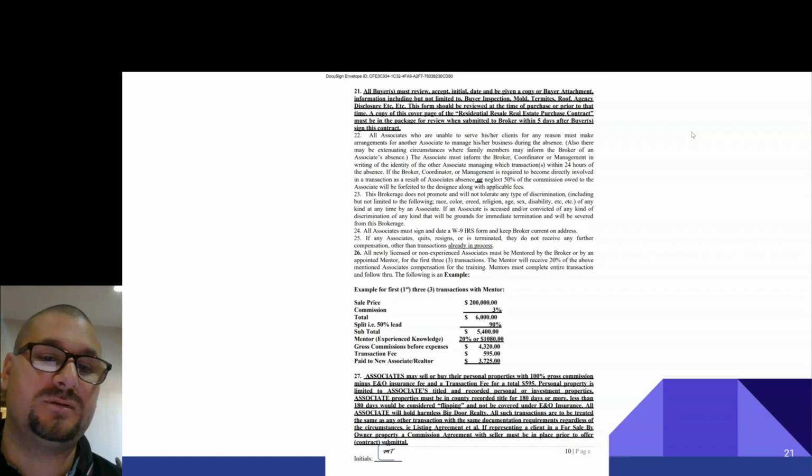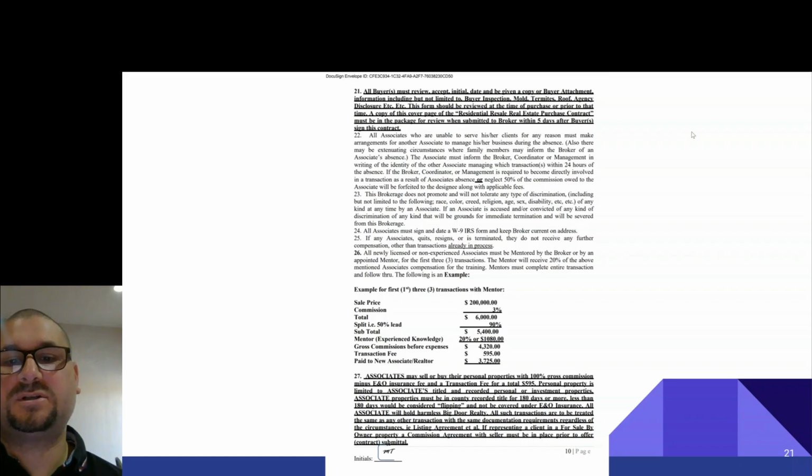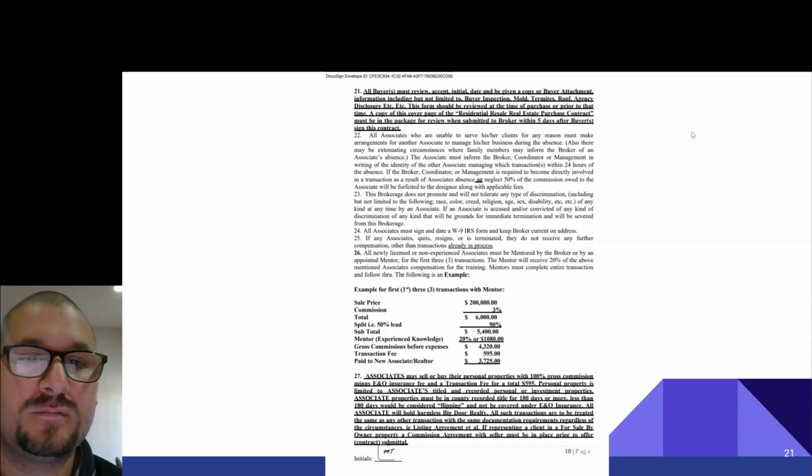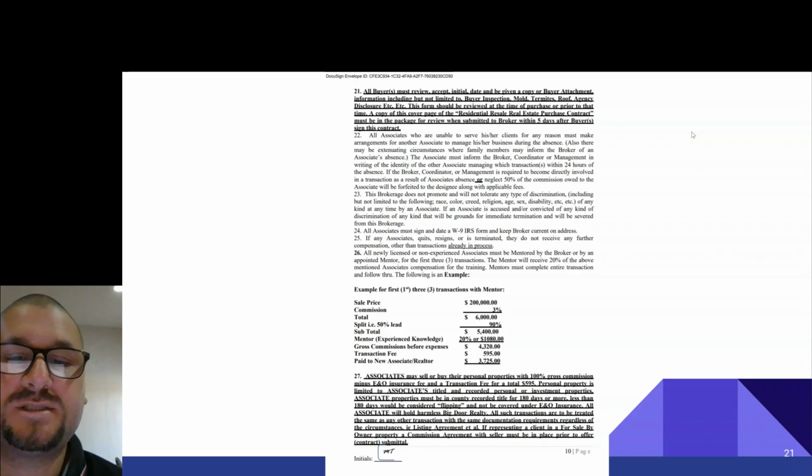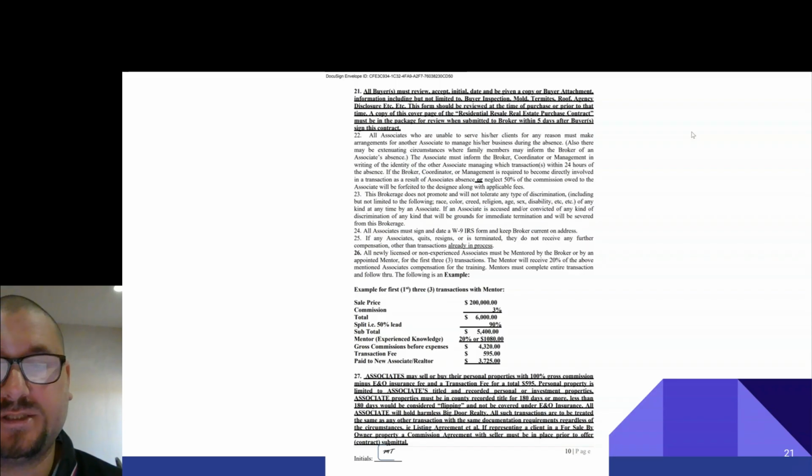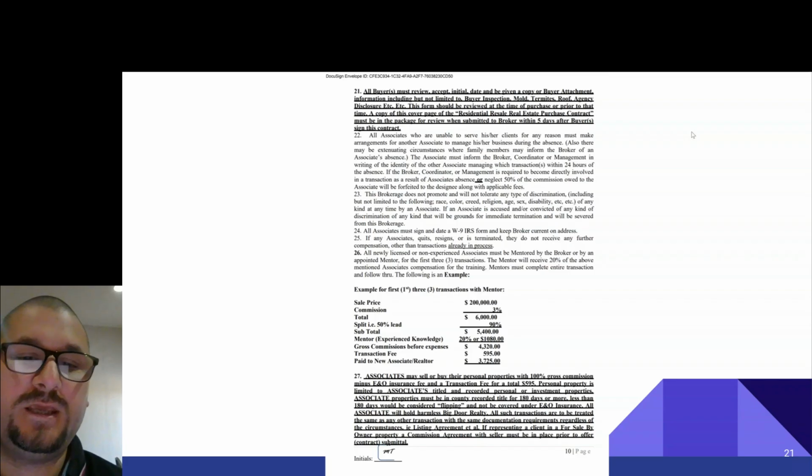So this is the big one, because some brokers will still charge you, even if it's your own personal residence. What's nice about this brokerage, Big Door Realty, is that you can get 100% commission on your own property, right? It says right here, line 27, associates may sell or buy their personal properties with 100% gross commission minus E&O insurance.